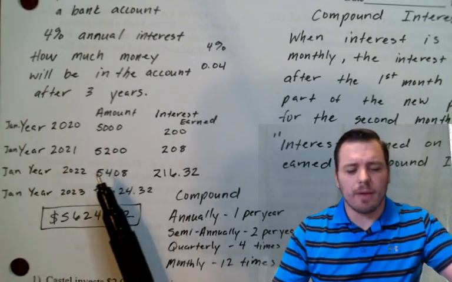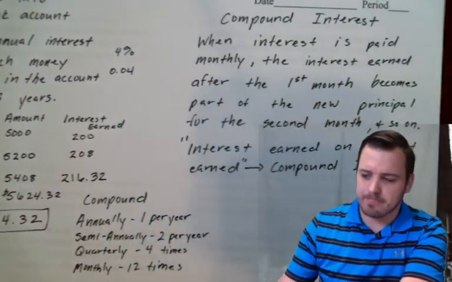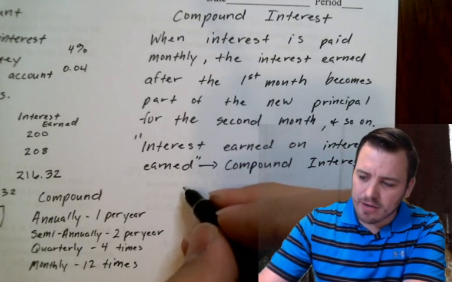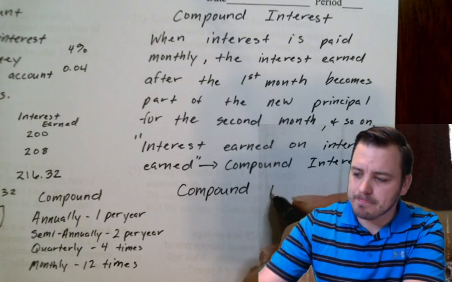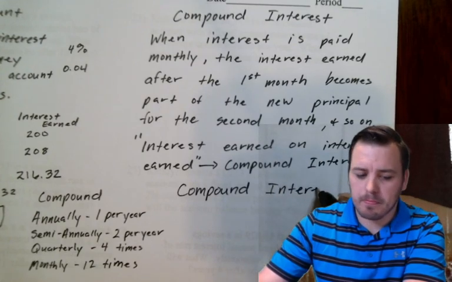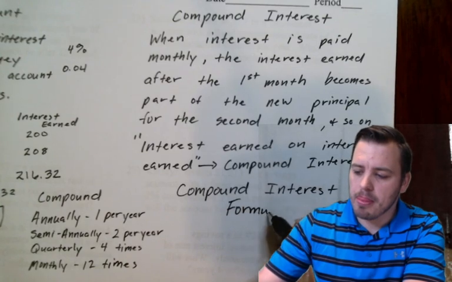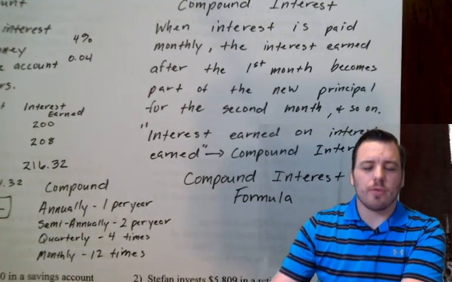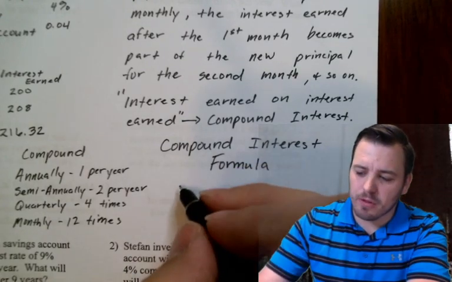Now, here's the cool thing about all this is that this table right here is just a very basic formula. Okay, so our compound interest formula. So we don't have to make a table every single time. We can just simply follow this formula right here.